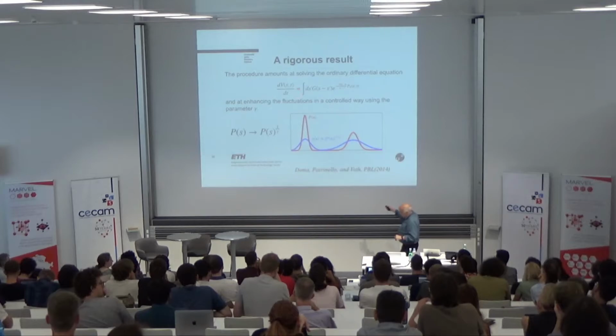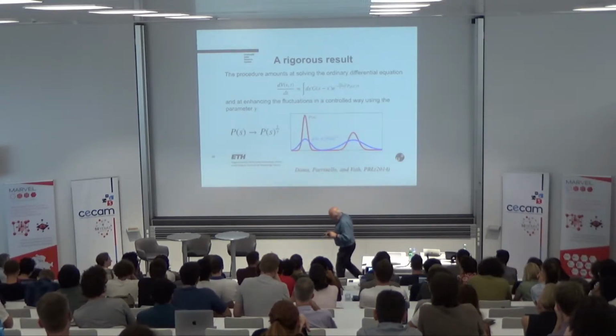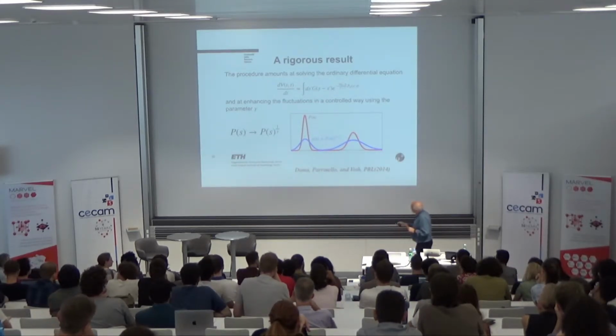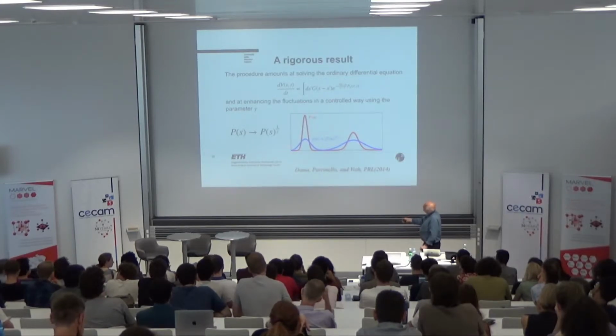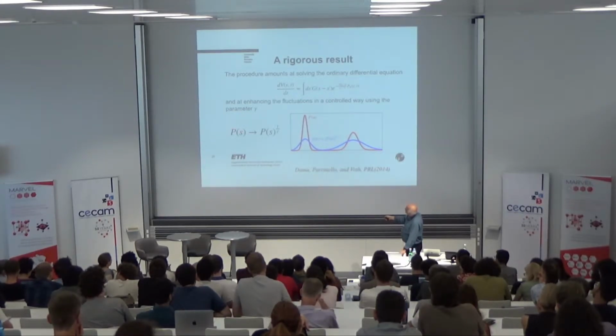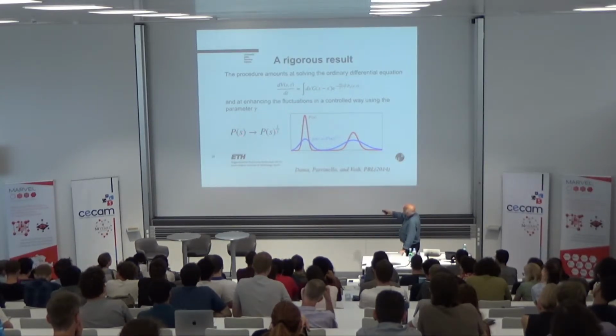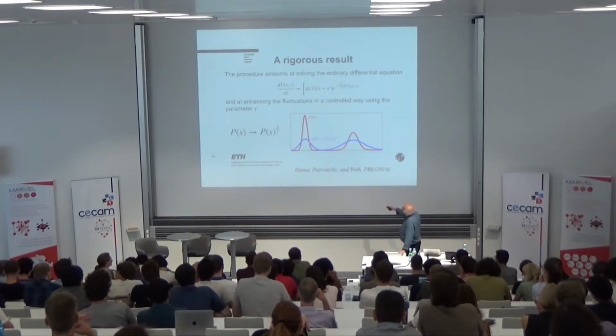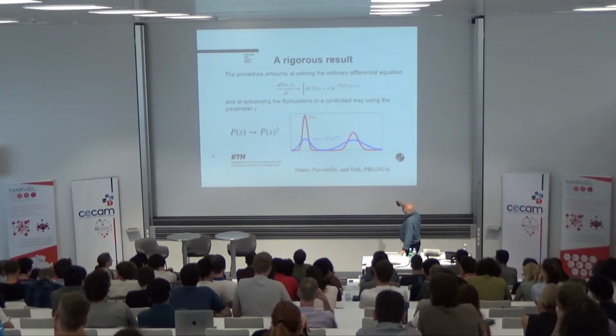The equation is not important. It is important that it does exist. And the solution of this equation is such that the distribution of the collective variable in the biased ensemble is modified through this relation.